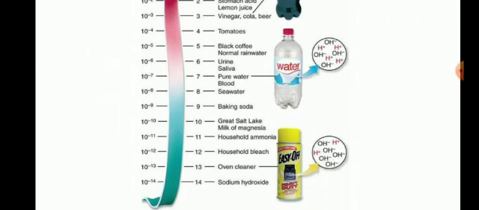Pure water has pH 7, meaning pure water has hydrogen ion concentration as 1 multiplied by 10 raised to minus 7 mole per liter. And this is the midpoint of the pH scale. The pH of acidic solution is less than 7 and that of the basic solution is greater than 7.